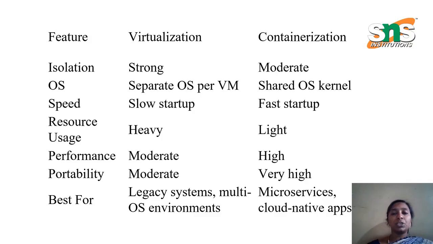These are the features of containerization versus virtualization. Isolation: virtualization has strong isolation, but containerization has moderate isolation because it shares the OS kernel, while each VM has its own separate OS.